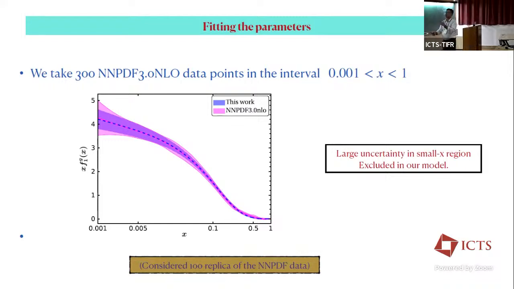There are large uncertainties in the small x region, so we don't fit to very small x. So our fitting is only for 0.001 to 0.2 in x, in that region. Even in that region, you can see that a lot of uncertainties are there.